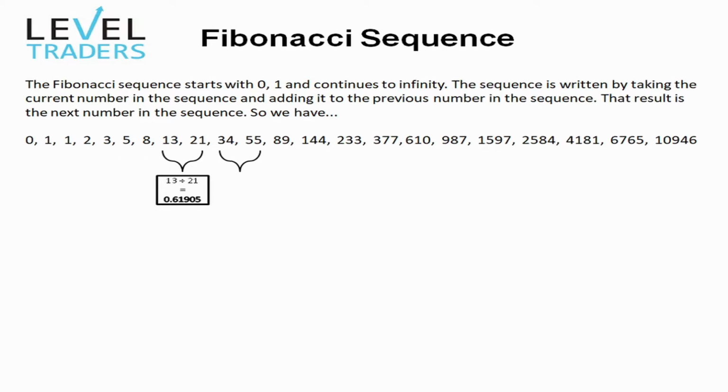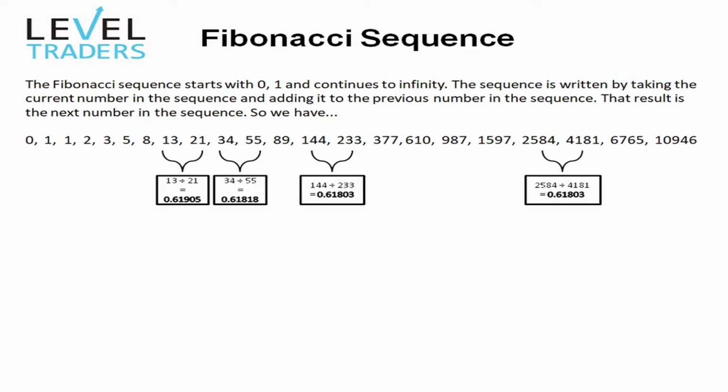If you take 34 and 55, you get 0.6181. Divide 144 by 233, 0.61803. And so you can see, if I go further down the chain, the number that we're getting is closer and closer to the 61.8%.